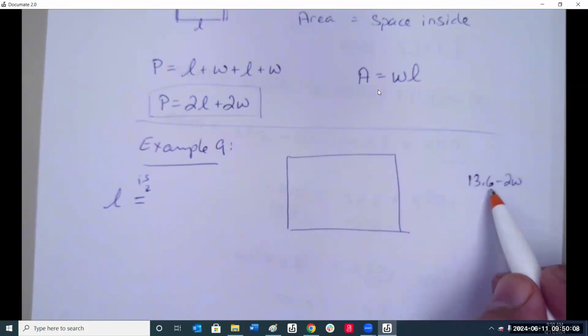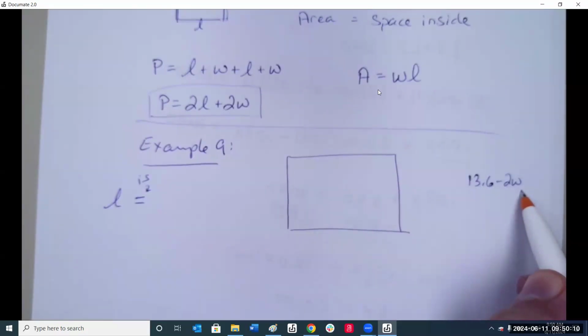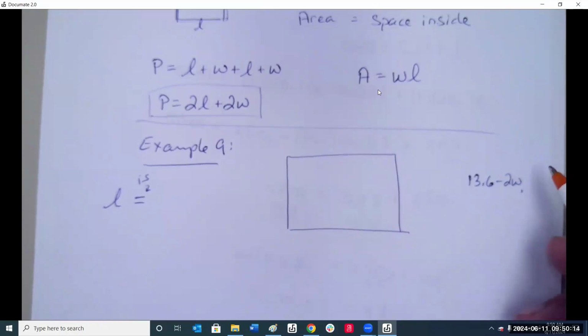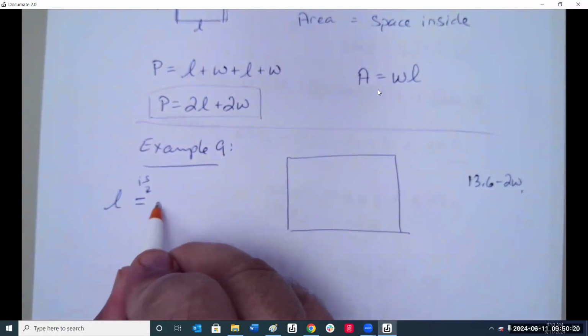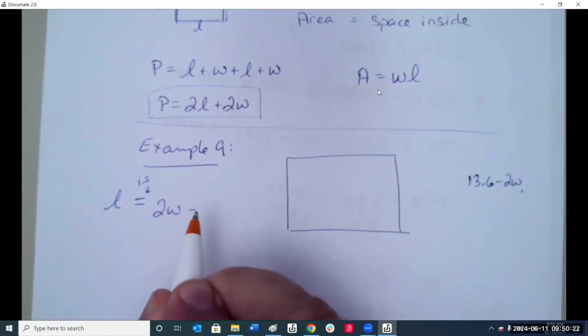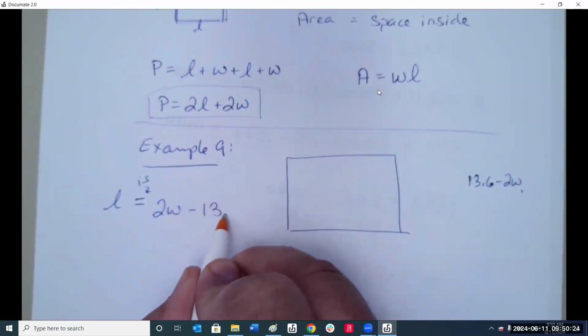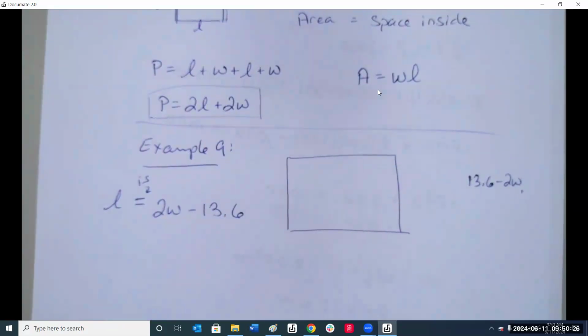Is that 13.6 inches less than this? Yes. In subtraction, it's usually stated backwards. So it would be 2W minus 13.6.